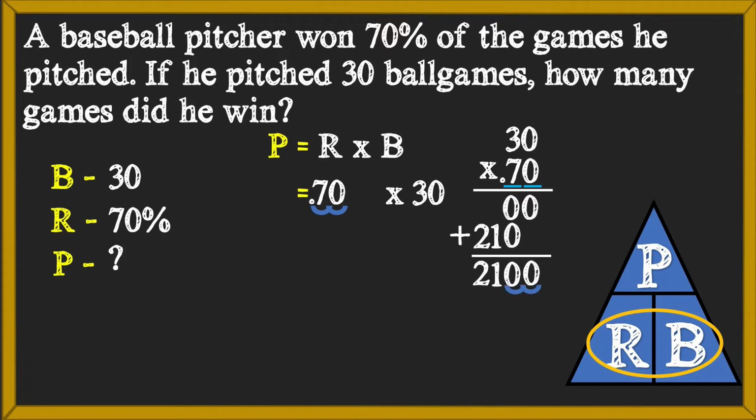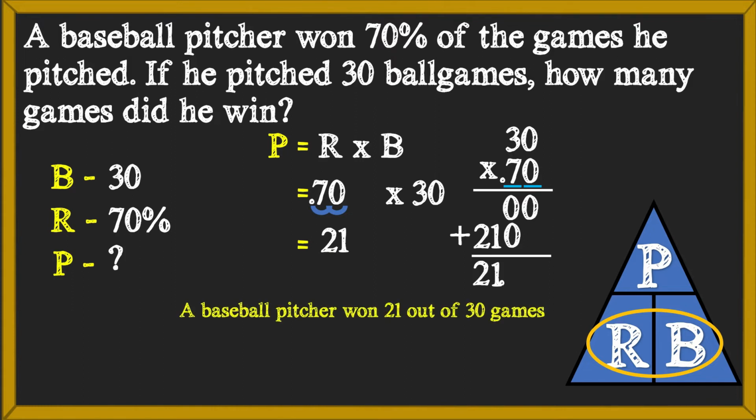So the decimal point will be between 1 and 0. Since the 2 zeros no longer have value, we can simply erase them. So the final answer is 21. P is equals to 21. Therefore, a baseball pitcher won 21 out of 30 games.